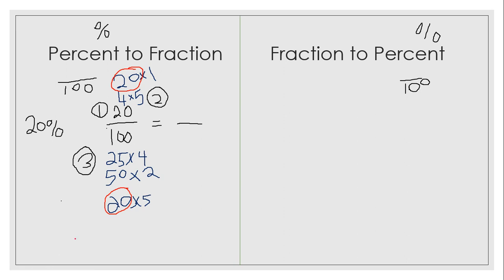Go straight to the point. So now 20 divided by 20 is 1, and 100 divided by 20 is 5. So here it becomes 1/5. I divided the top by 20 and the bottom by 20 to get 1/5.